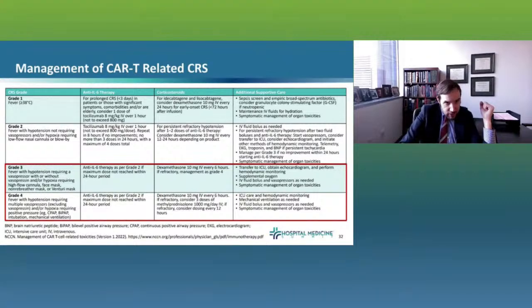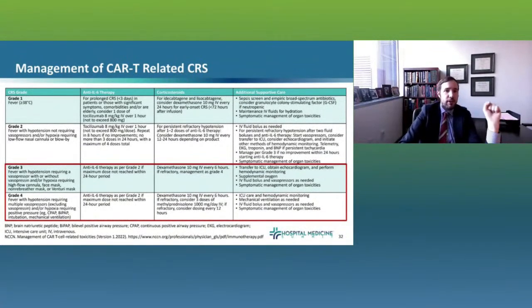Anti-IL-6 therapy is tocilizumab. That is standard of care across the board for management of CRS, cytokine release syndrome, in patients receiving CAR T. It is mandatory that any hospital that's allowed to do CAR T has a pharmacy with tocilizumab in stock.